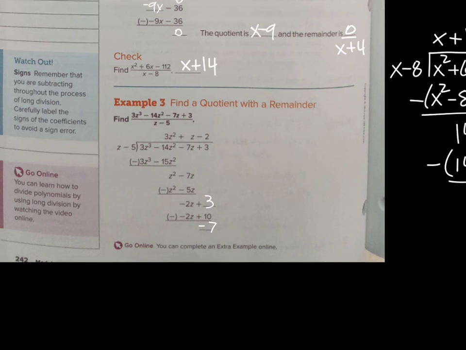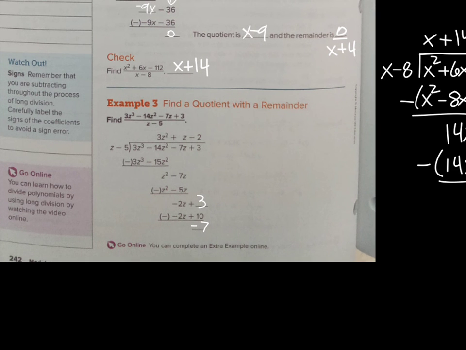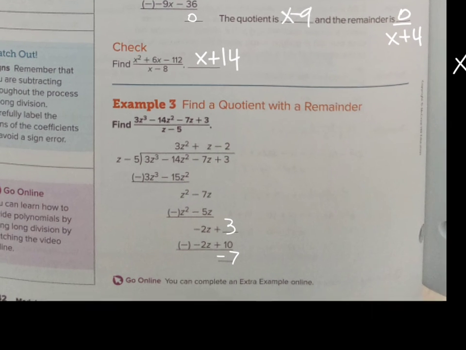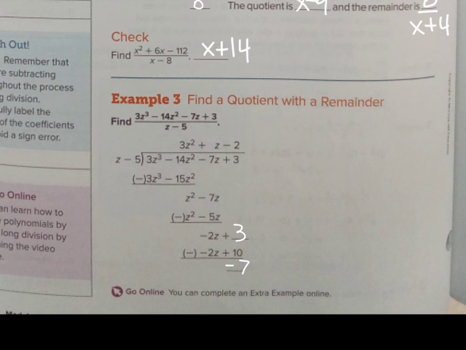They don't really have it all written out, but what you should do with that -7 is, there's our answer up top, but we have this remainder left over. So you're going to say plus -7, or whatever you have left over, over z minus 5. And that would be your final answer.